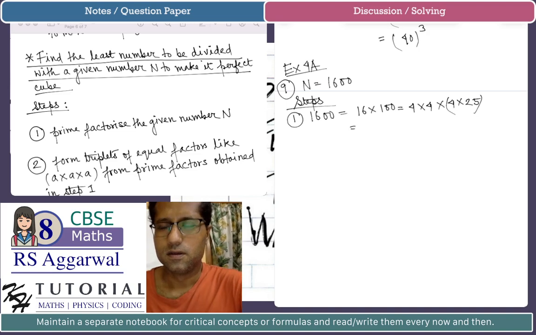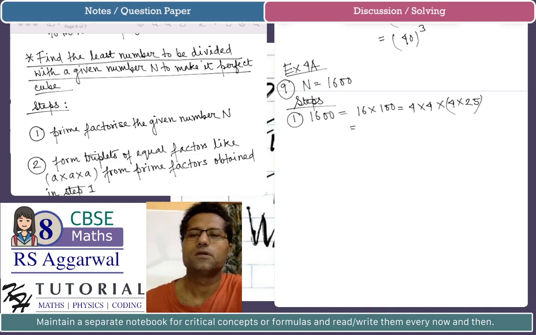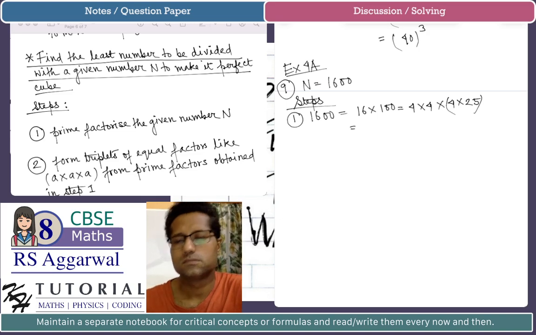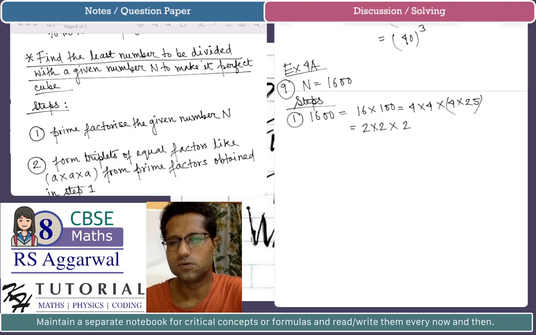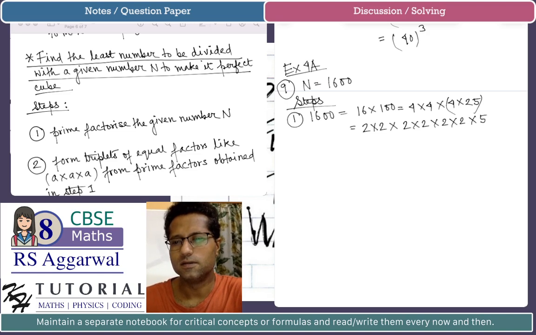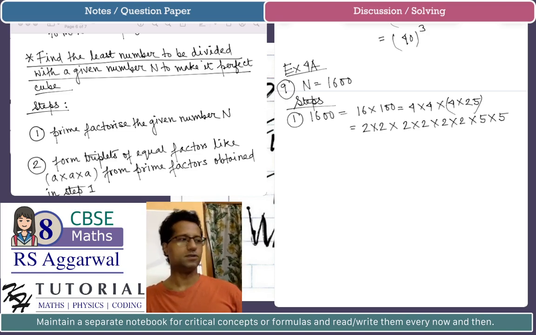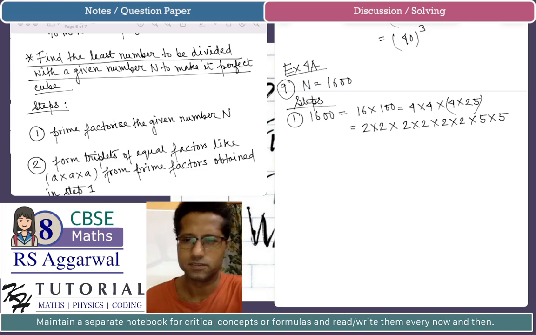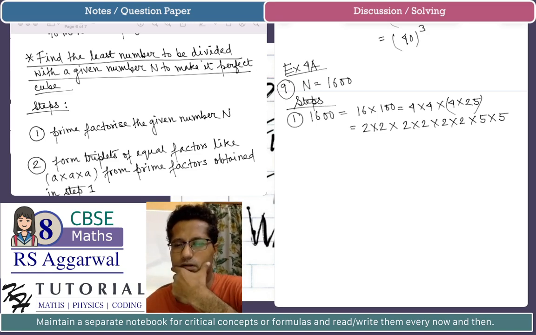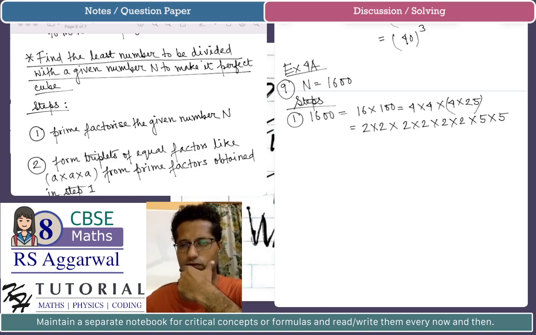Each 4 is 2 into 2, and there are 3 4s. So this is the prime factorization of the number 1600. There are six 2's and two 5's. Let me check if I did it correctly. 1600 is 16 multiplied by 100. 16 is 4 into 4, and 100 is 4 into 25. Okay, so we have 4 4's.